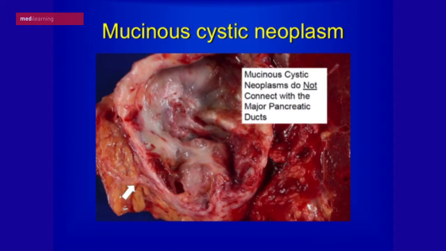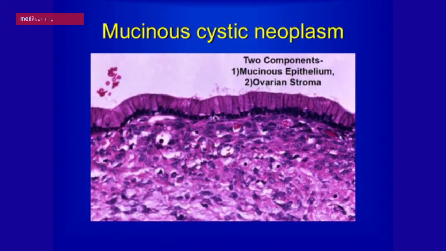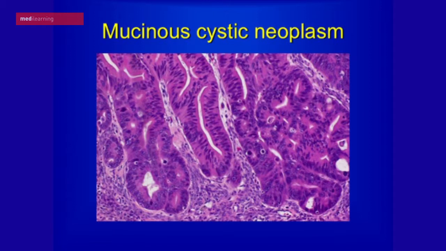And this is what a mucinous cystic neoplasm looks like. The difference between the mucinous cystic neoplasm and IPMT is that it does not communicate with the pancreatic duct. Again, we have a mucosal epithelium and ovarian stroma in a typical pattern for mucinous tumours, and this just highlights the glandular component to it as well.